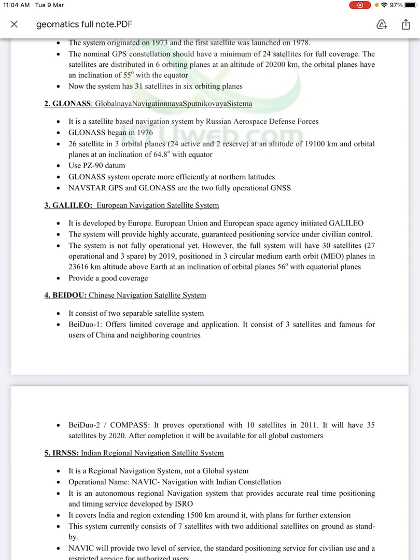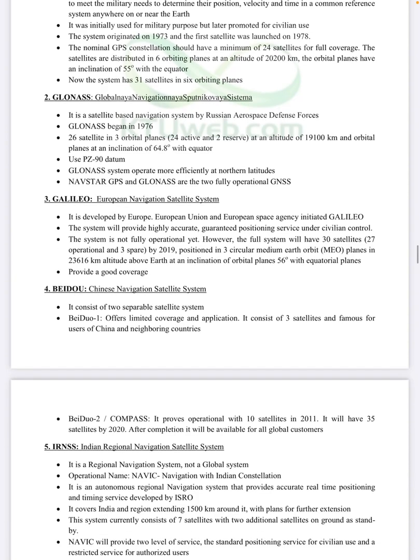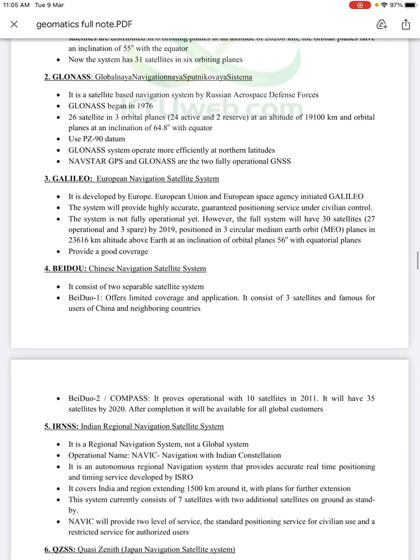The third one is Galileo. It is the European navigation satellite system, developed by the European Union. The European Space Agency initiated Galileo. The system will provide highly accurate guaranteed positioning services under civilian control. But the system is not fully operational yet. However, the full system has 30 satellites, 27 operational and 3 spares, and by 2019 it was already working.